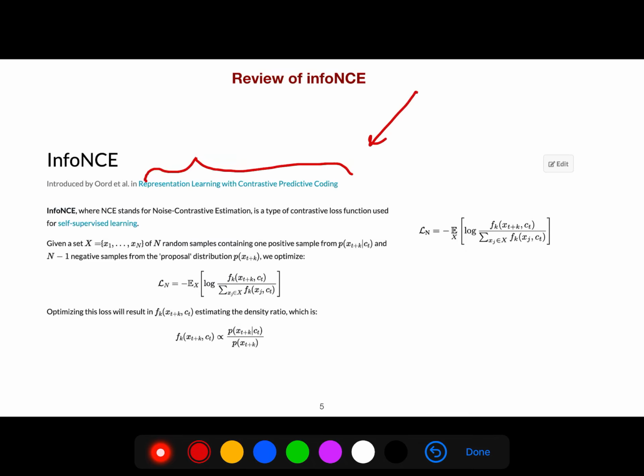Given a set of n random samples containing one positive sample from this probability and n-1 negative samples from the proposal distribution, optimizing this loss will result in f_{t+k} and c_t estimating the density ratio.